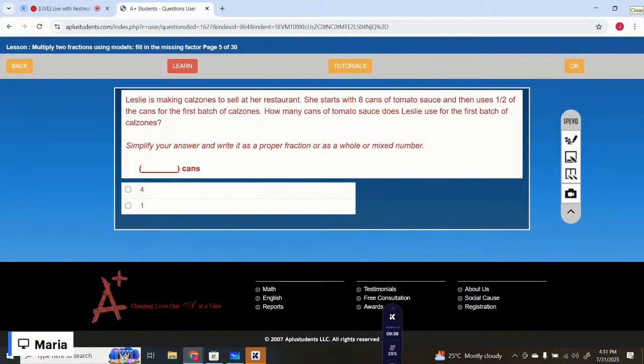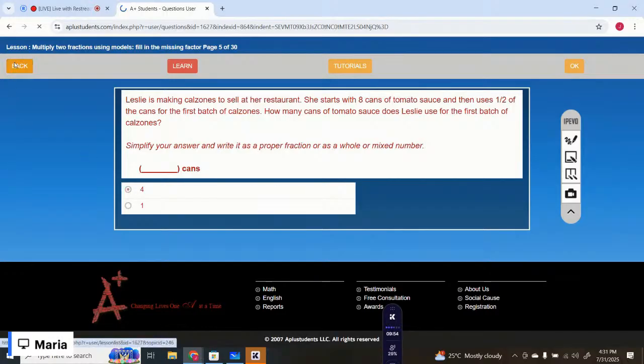So 1 by 2 times 8 is 4. Option number 1 is the correct option.